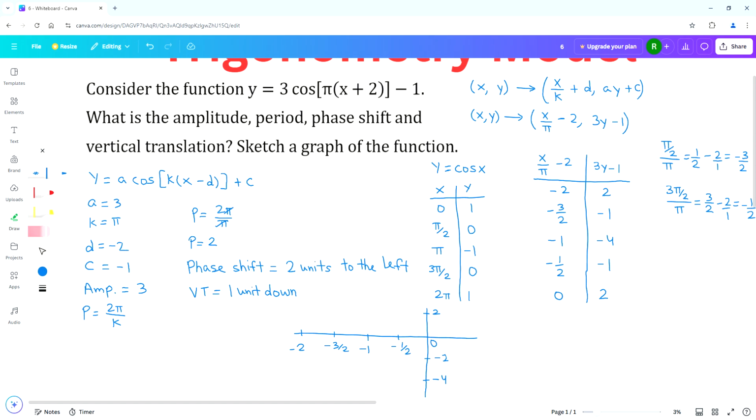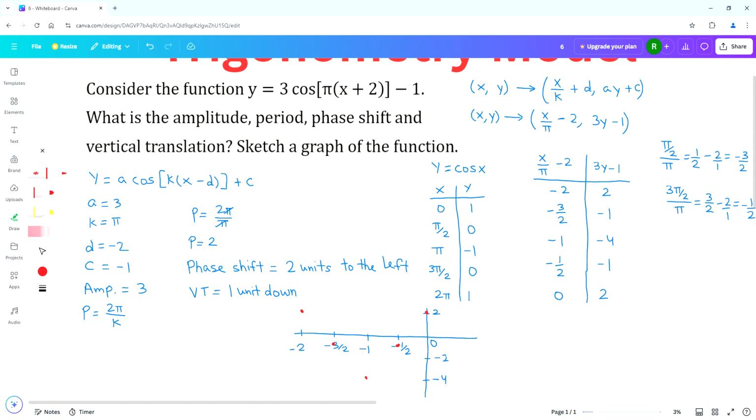Now we can plot the points. The first point is negative 2, 2. The second point is negative 3 over 2, negative 1. The next point is negative 1, negative 4. The next point is negative 1 over 2, negative 1. The last point is 0, 2.